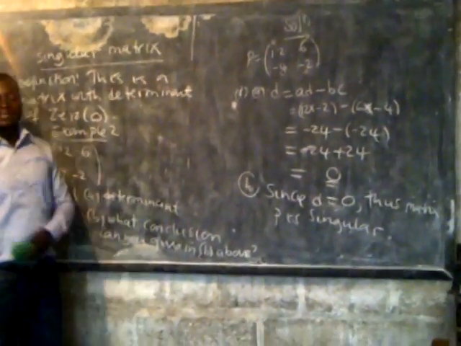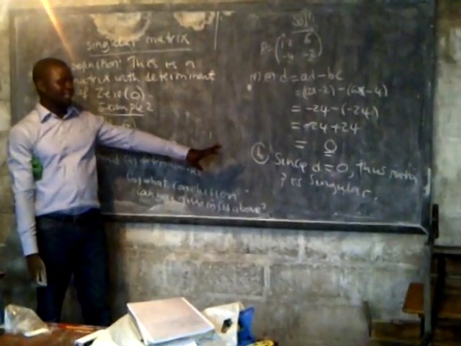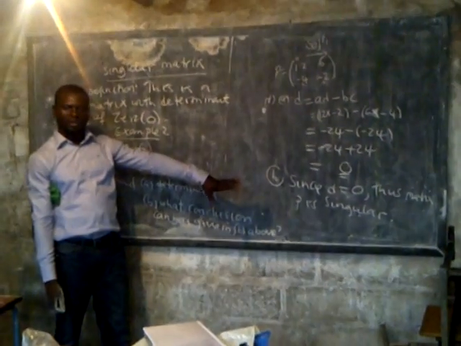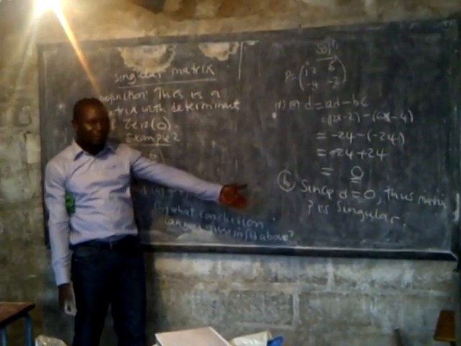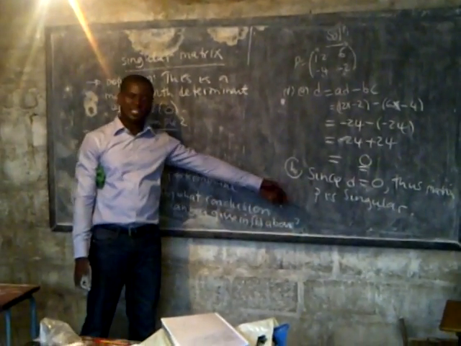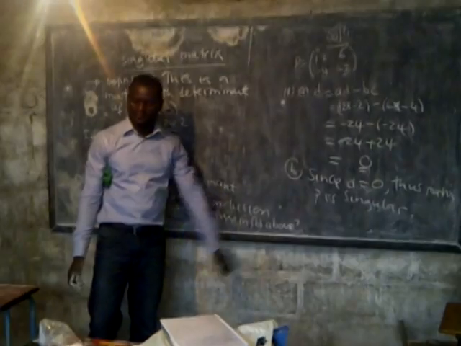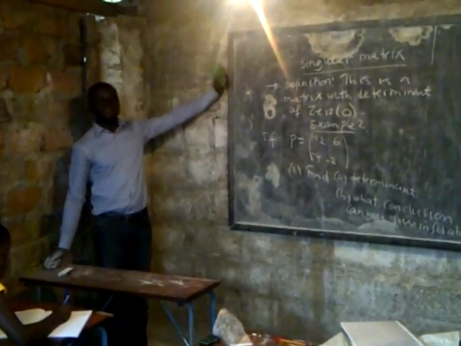That's how you answer maths. You conclude mathematically. Since D is 0, thus or therefore, matrix P is singular. The last part will be inverse.